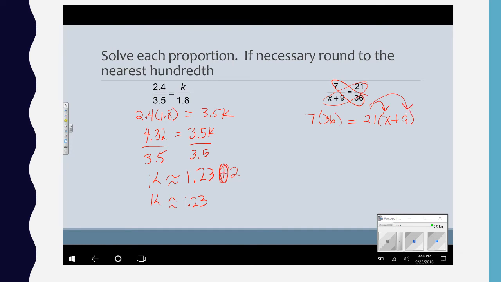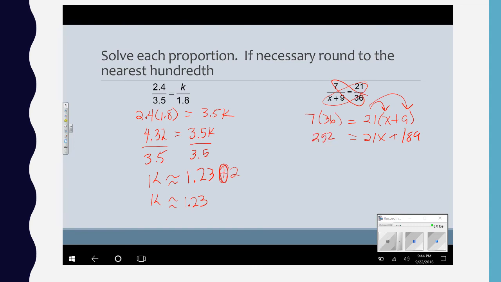So I'm going to distribute. So I'm going to get 21x plus 189, because 21 times 9 is 189, and that is equal to 7 times 36, which is 252.